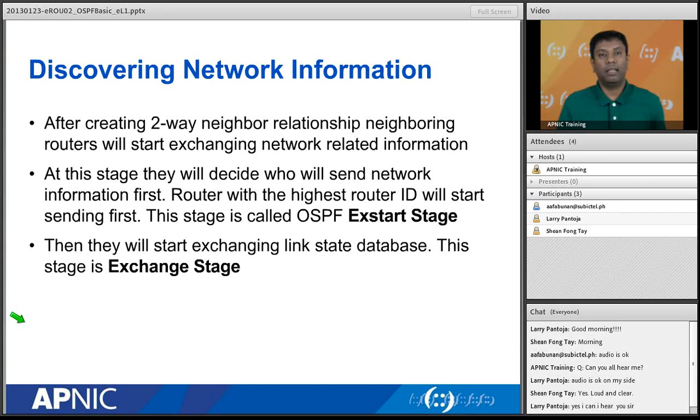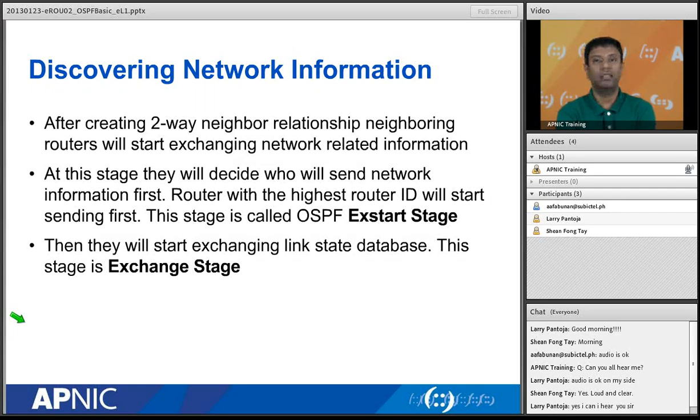When they build the two-way stage, they decide that now they need to exchange their summary database table. Who will start exchanging first? Because if all of them start together, there will be chaos on the network. So they decide who starts first: whoever has the highest router ID among all those neighbors starts first.